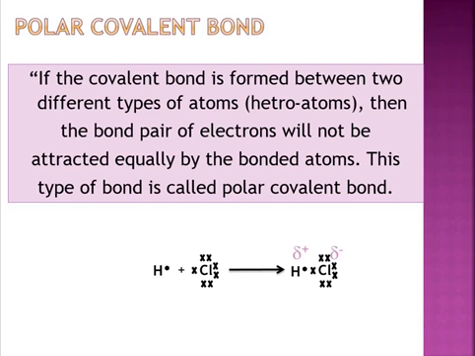So the electrons spend more time in the vicinity of one atom than the other. Or you can say that electronic charge is not uniformly distributed between the two bonded atoms. In HCl, the electrons spend more time near the chlorine atom.